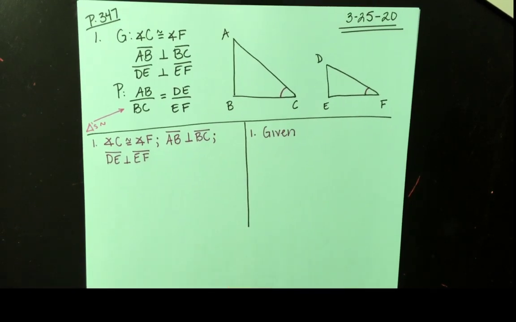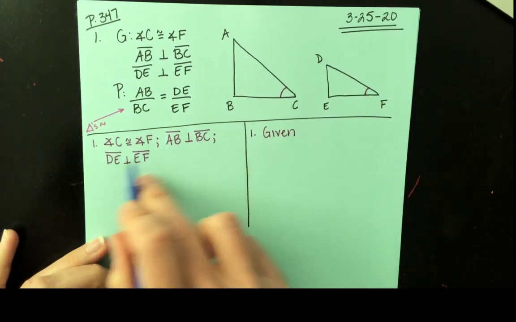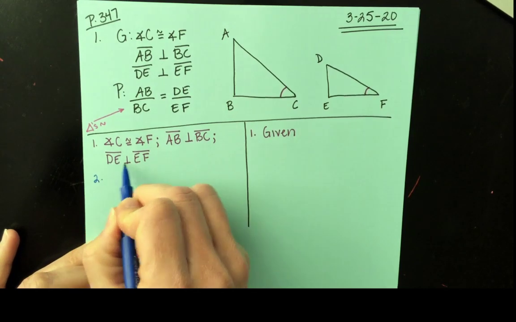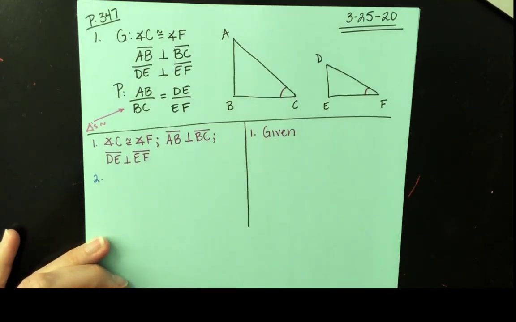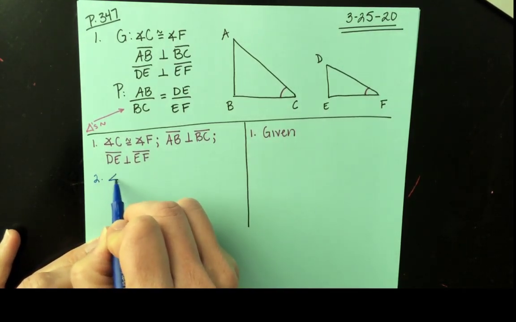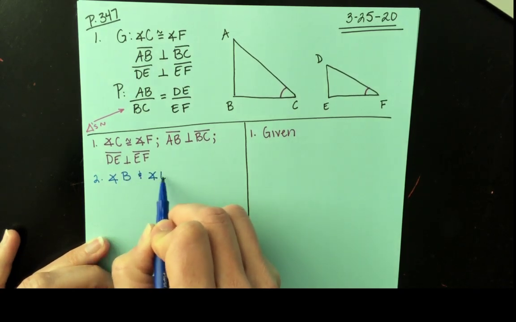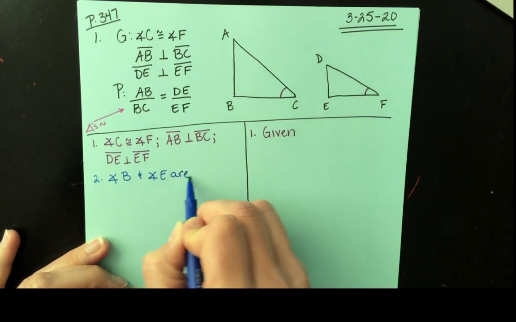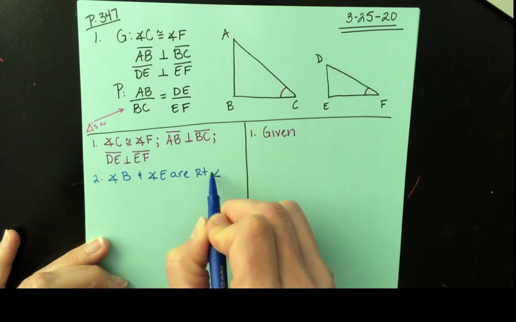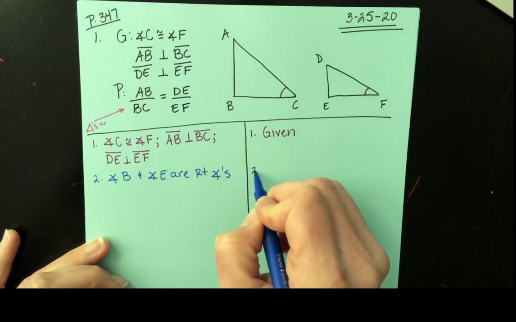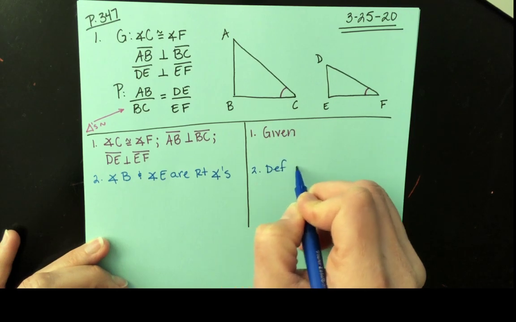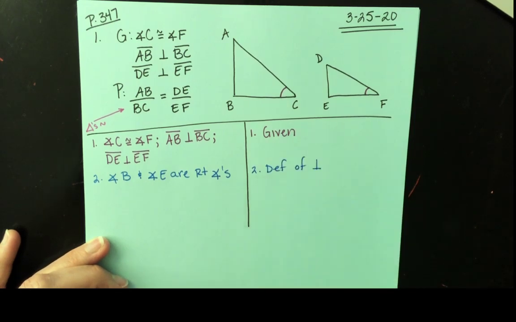But notice I'm not putting in the tick marks yet. I don't want to put those tick marks in yet because I don't want to forget that I actually have to say that because of perpendicular, I need to state that angle B and angle E are right angles. And that's our definition of perpendicular.